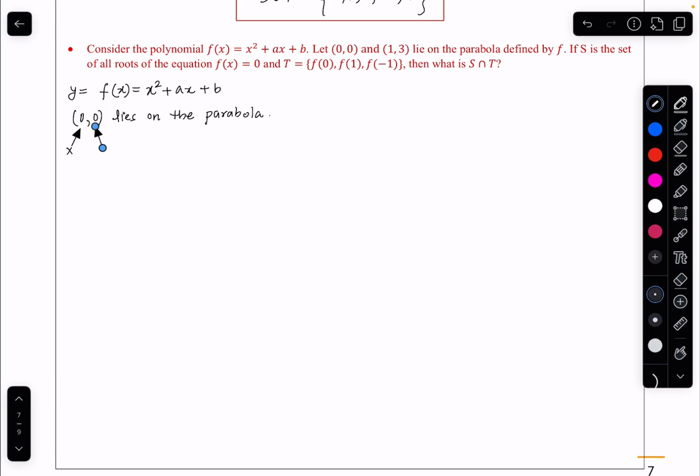So let me put x equal to 0 and y equal to 0 in equation 1.